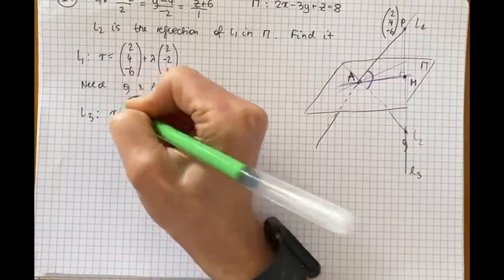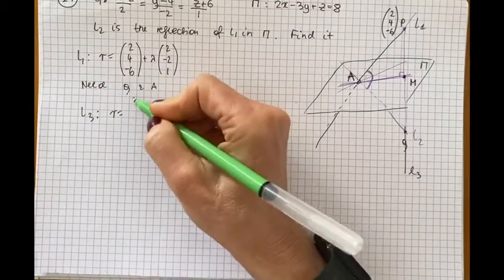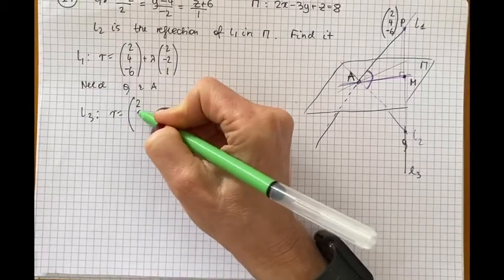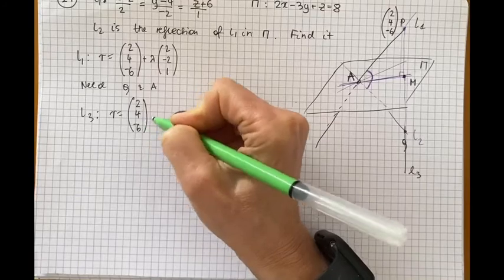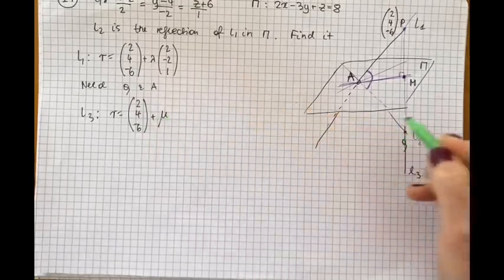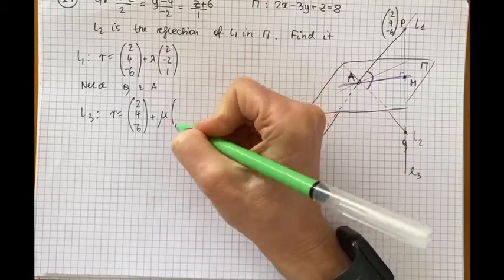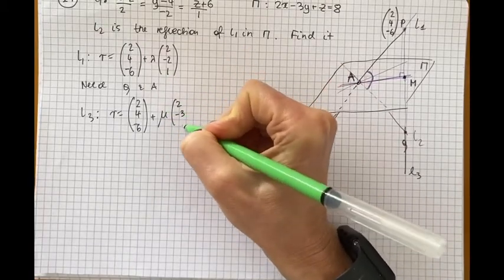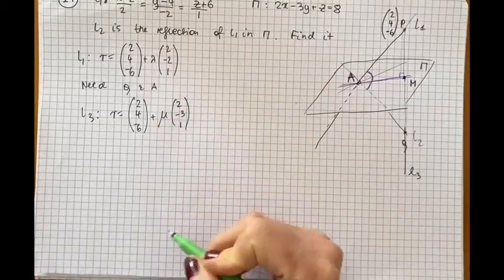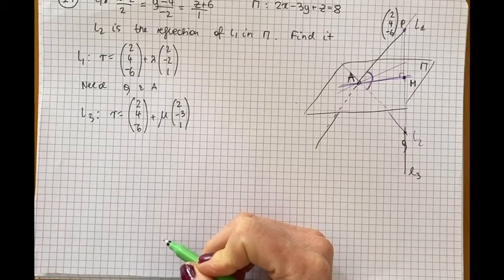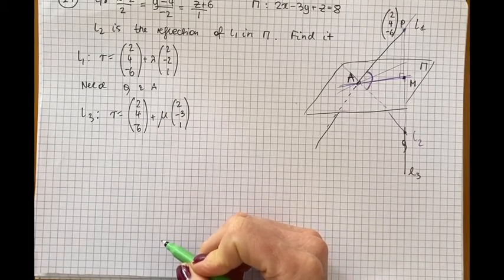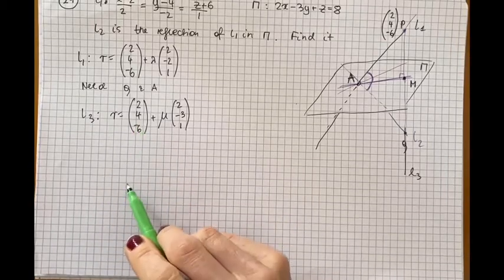So r is equal to point P, (2, 4, -6), plus mu, and the normal is the normal to the plane, so it's (2, -3, 1). My point M or Q really can be written in terms of a general point on the line.